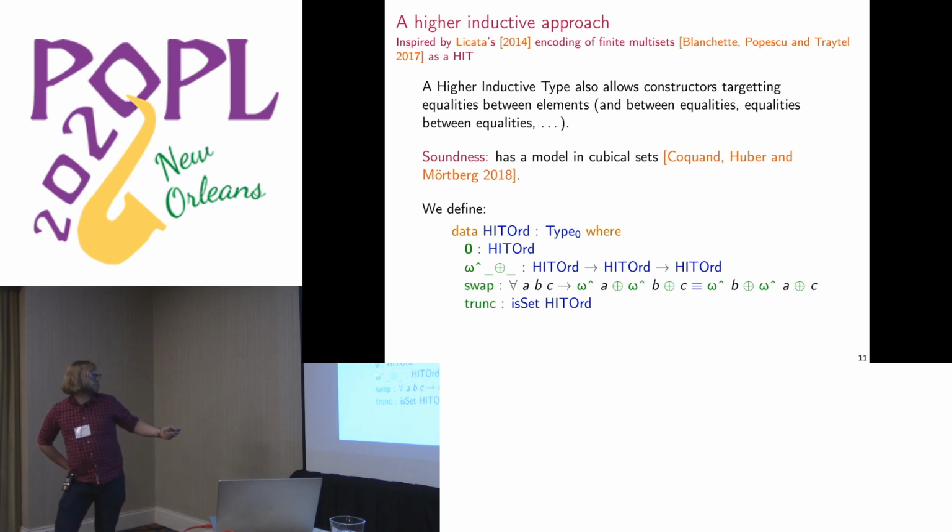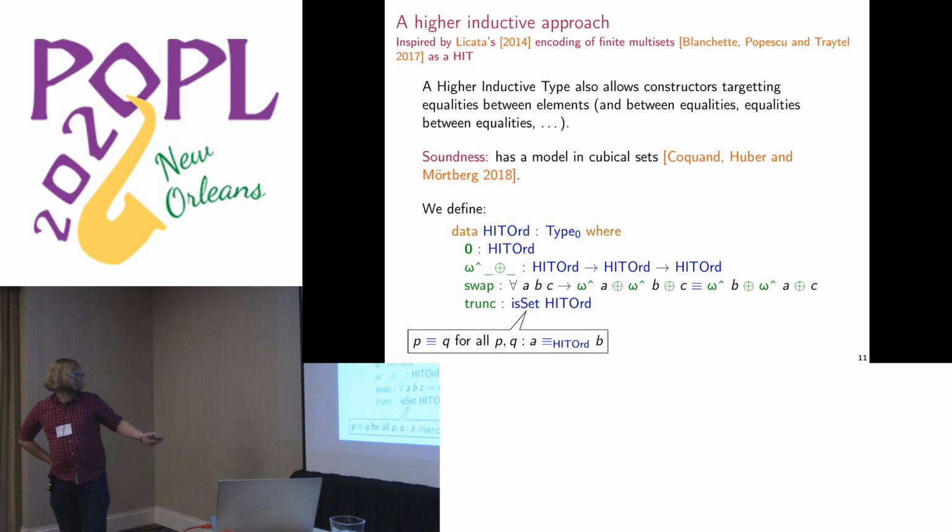We have omega to the something plus something. But we also have a path constructor which says that you can swap the first two exponents here. So omega to the a plus omega to the b plus c is the same as omega to the b, and then a and then c. So swap the first two exponents. Right? And then I've also made sure that this is actually a set in the sense of homotopy type theory. So all equality proofs are equal, just to make it not too high.